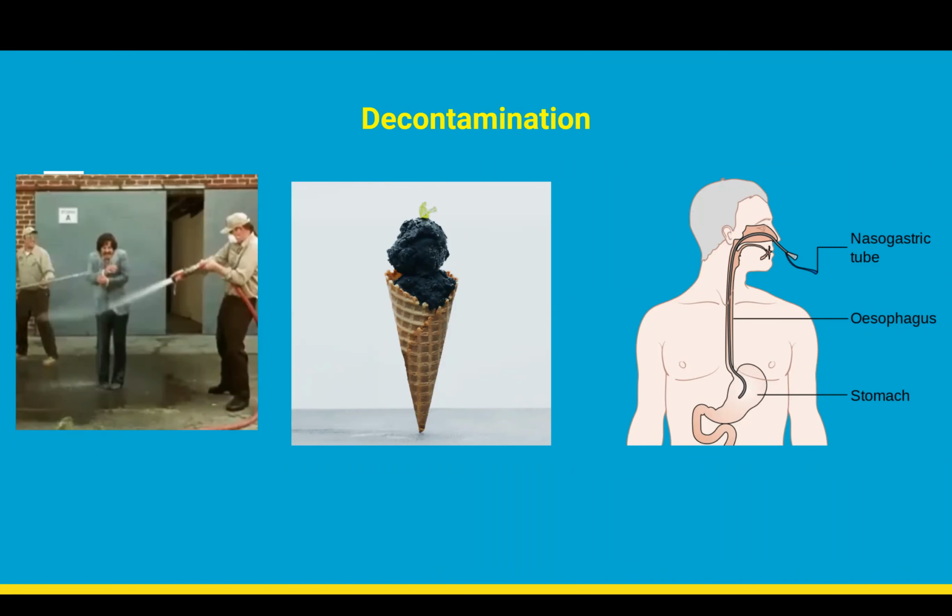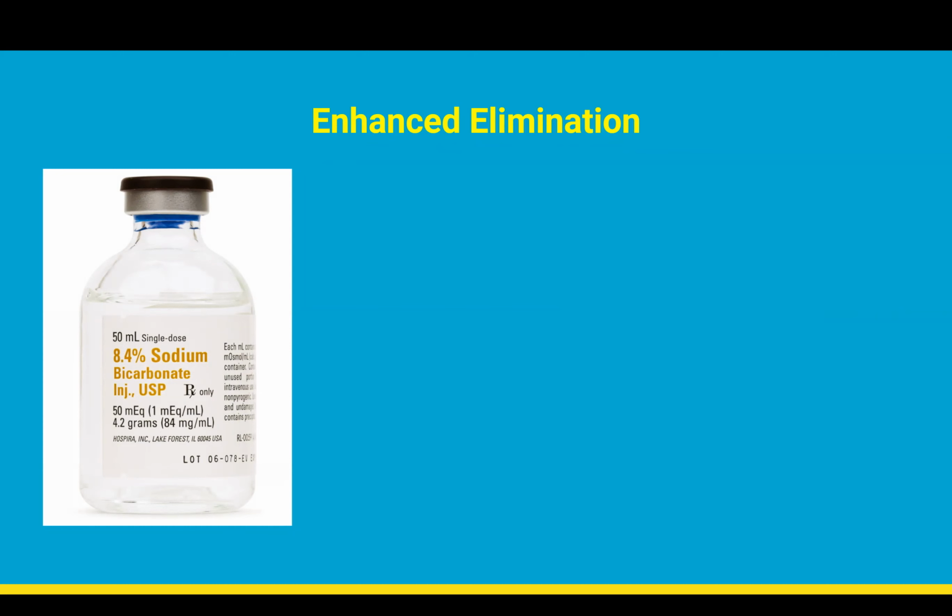So enhanced elimination, there are times when we want to use sodium bicarb, and that is especially in our tricyclic antidepressant overdoses and our aspirin or our salicylate overdoses. Again, as mentioned earlier, these cause a drop in your pH.